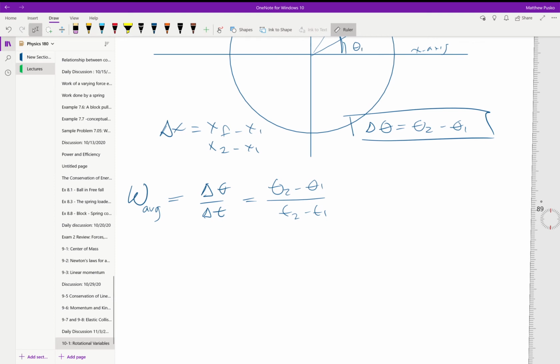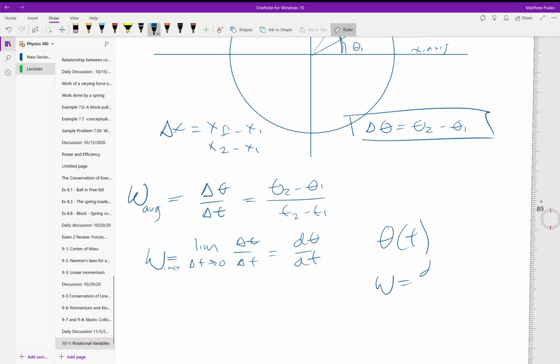Okay, now guess what we can do? We can take the limit definition and say the instantaneous angular velocity would be the limit of, as delta t goes to 0, of delta theta over delta t, and we get d theta dt. That means if we have theta as a function of time, we can take its derivative.